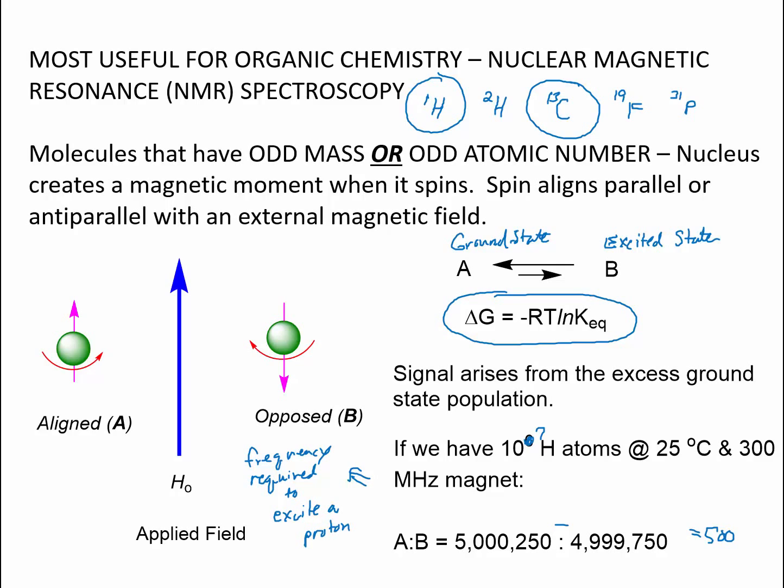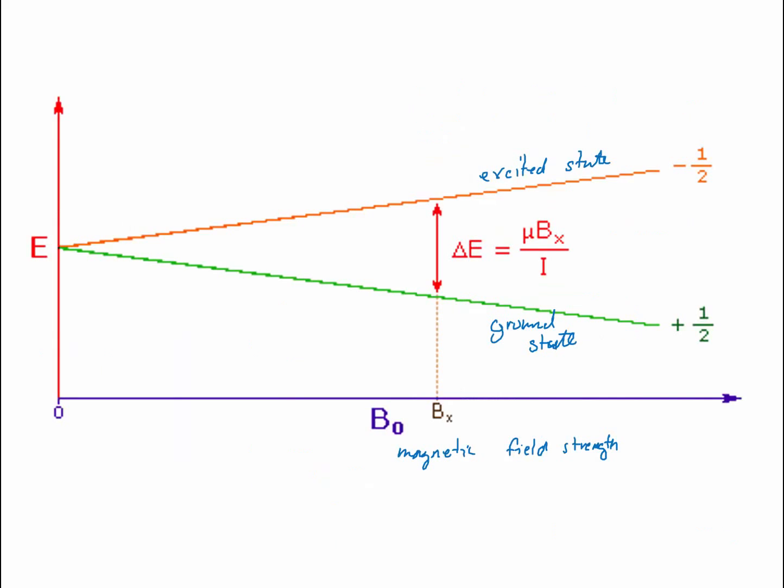So the 300 megahertz magnet has a magnetic field strong enough that it requires 300 megahertz to make your average hydrogen go from the ground state to the excited state. So that's why we're using frequency units to describe what should be in Gauss or Tesla or something like that.